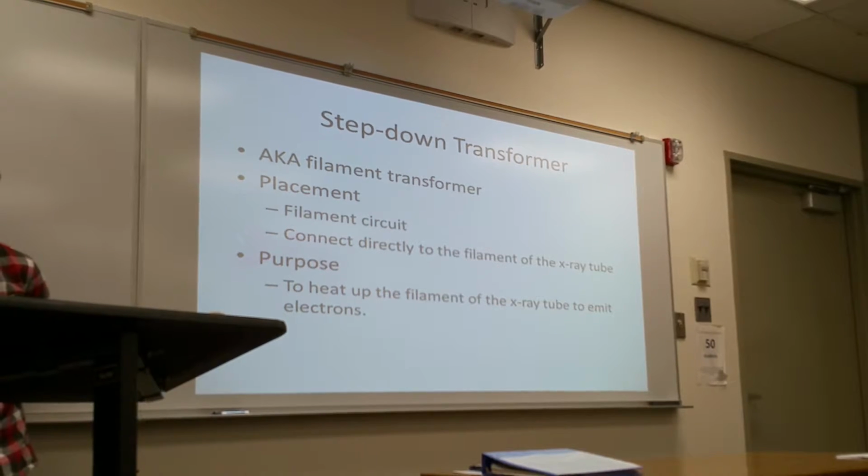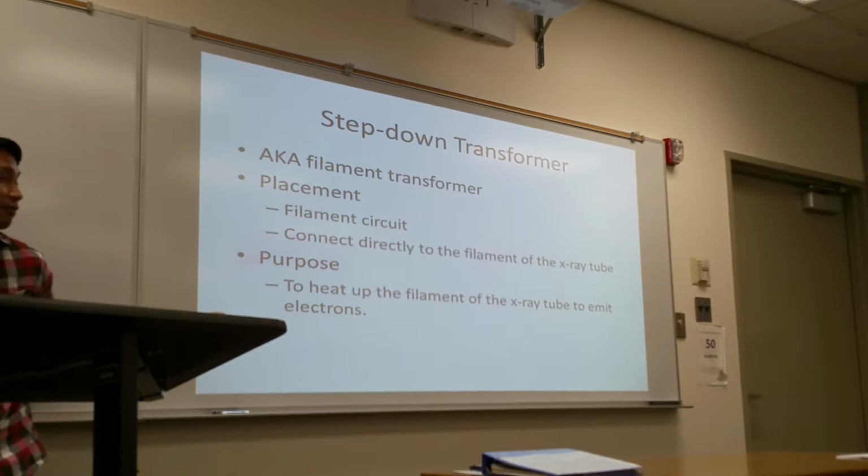In order for thermionic emission to occur, current has to be at least 3 amps. So it fluctuates.